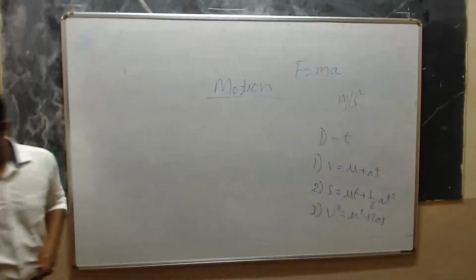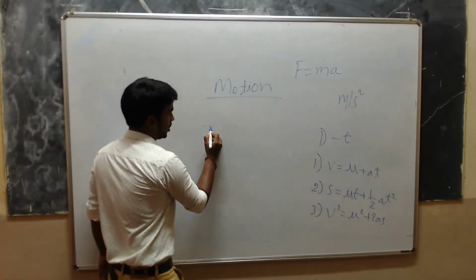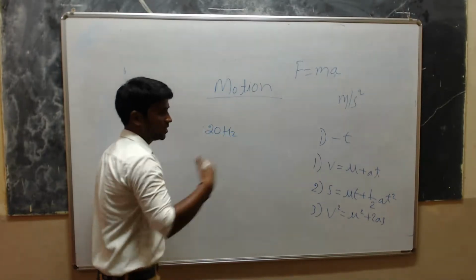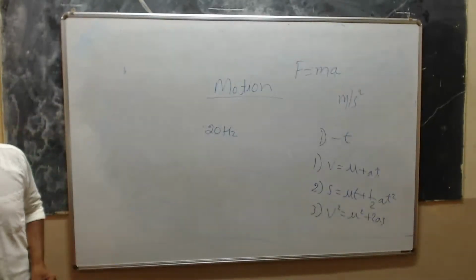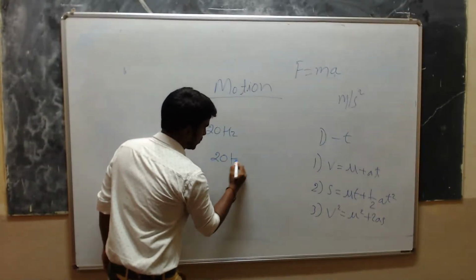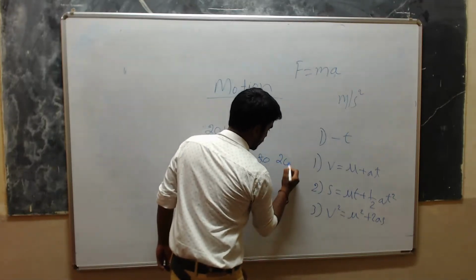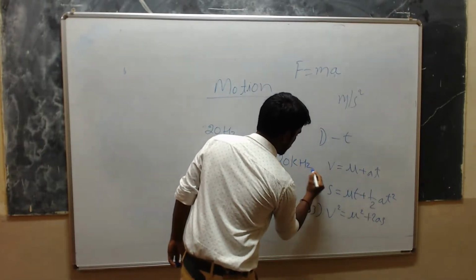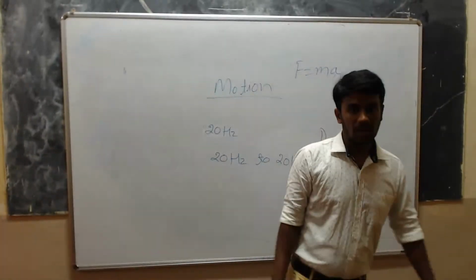Ranges of sound. First, we studied infrasonic sounds. If the frequency range is below 20 hertz, we call that infrasonic sounds. If the frequency range is between 20 hertz and 20 kilohertz, then we call this the human audible range.